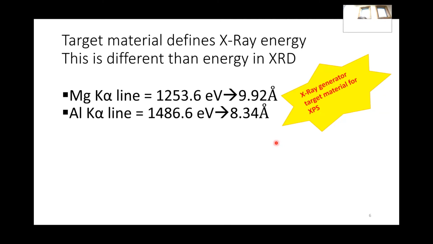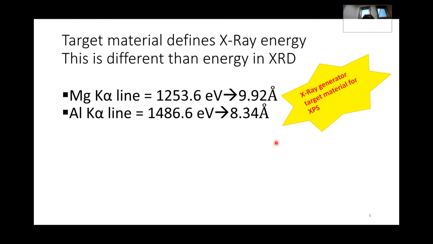We'll get a little bit more into detail of what magnesium K-alpha, aluminum K-alpha, K-beta, that kind of business is when we talk about X-ray diffractometry, and also when we talk about energy dispersive spectroscopy, or EDS. So typical energies for XPS: XPS systems usually use a magnesium target in their generator or an aluminum target in their generator.